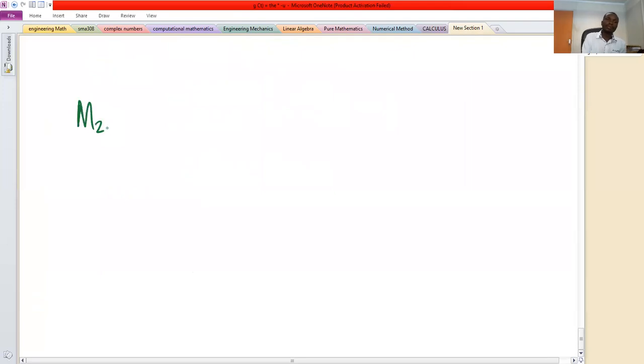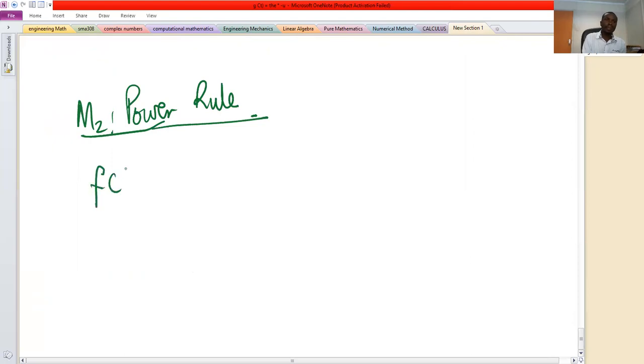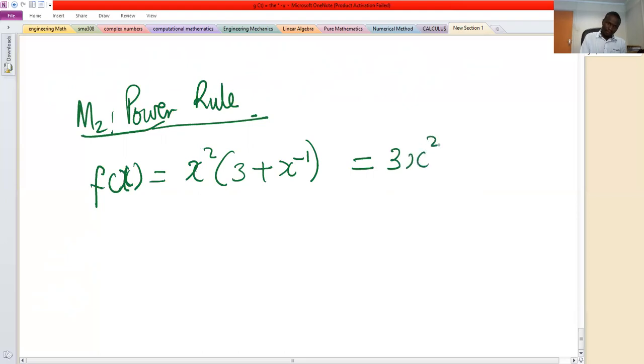Method 2, power rule. So power rule dictates that the first thing we have to do is open brackets. So f of x was given by x squared into 3 plus x raised to minus 1. So this is 3x squared, minus 1 plus 2 is 1, so x.